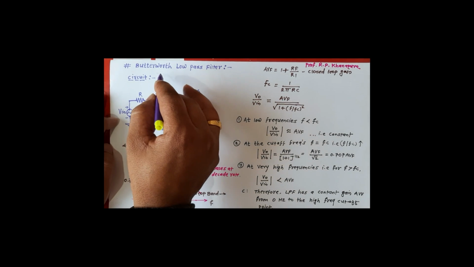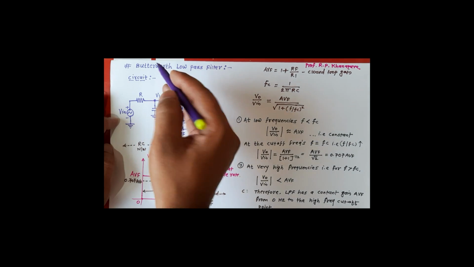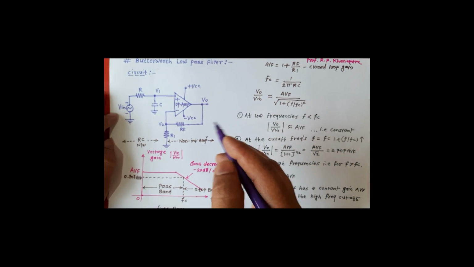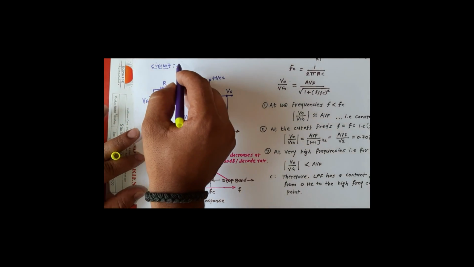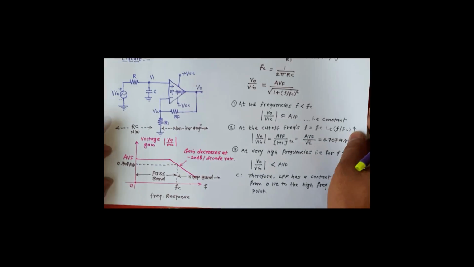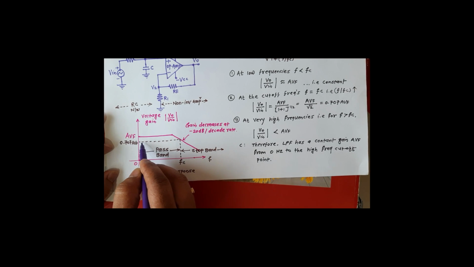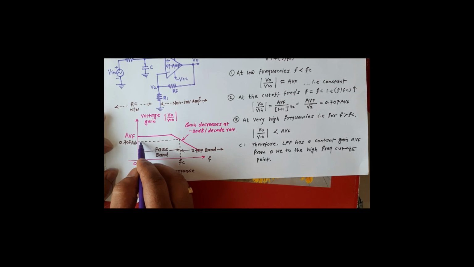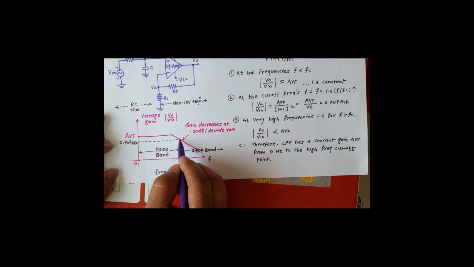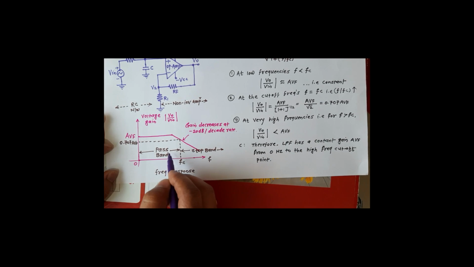So what is Butterworth? It is a type of filter whose frequency response is flat. This frequency response is flat over the passband region.